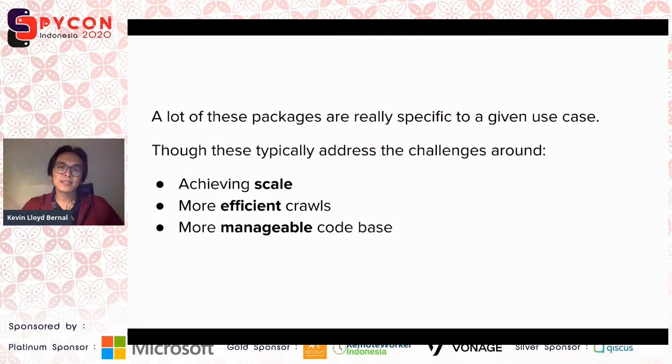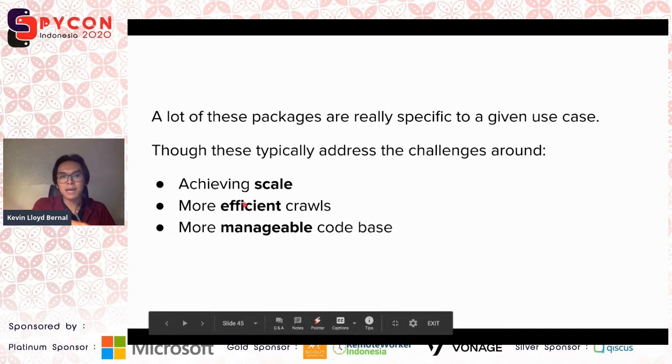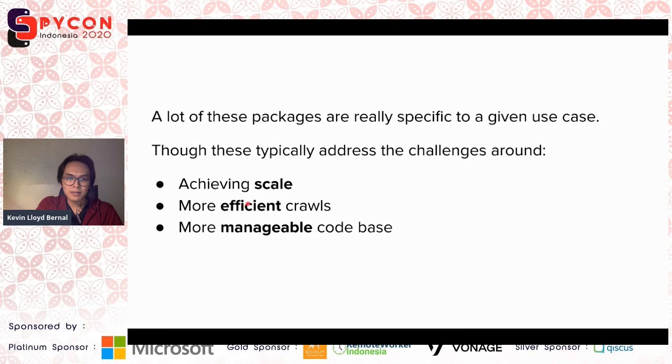These advanced packages revolve around specific use cases, though they typically address the challenges around scaling, efficiency, and managing big code bases. The first one I want to tackle is around scaling and efficiency.